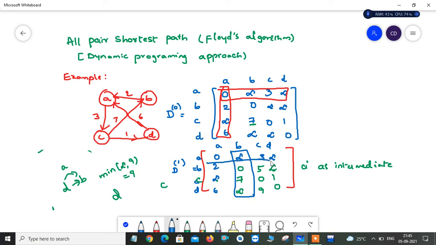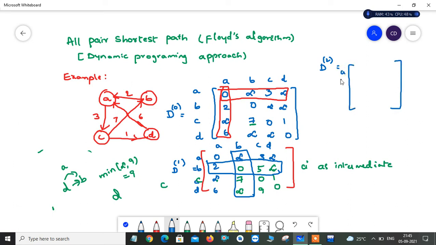So I'll keep my B column and B row as common. Right. So now you can take that as D of 2. What is the meaning of this D of 2? It is nothing but the length of the shortest path with intermediate vertices numbered not higher than 2. So that is, we are making AB as an intermediate.